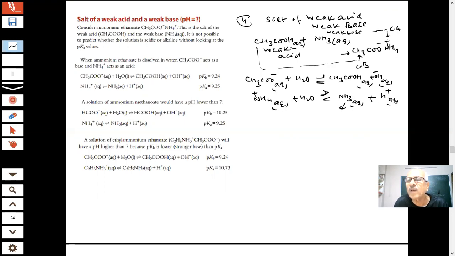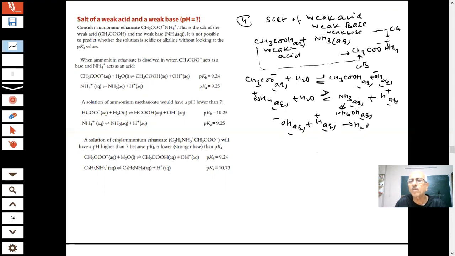Now, you can also write this as NH4OH. Same thing, no problem. NH3 aqueous is NH4OH. Okay. This is giving you OH minus. This is giving you H plus. What will happen? This OH minus will react with H plus aqueous to form water.